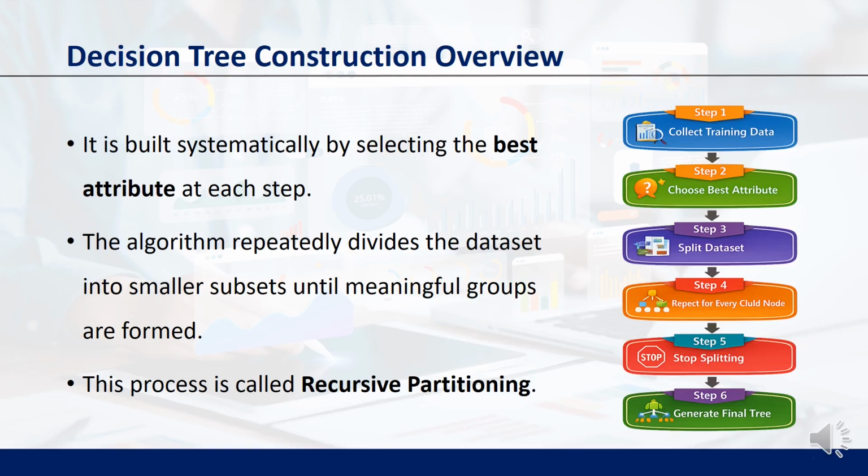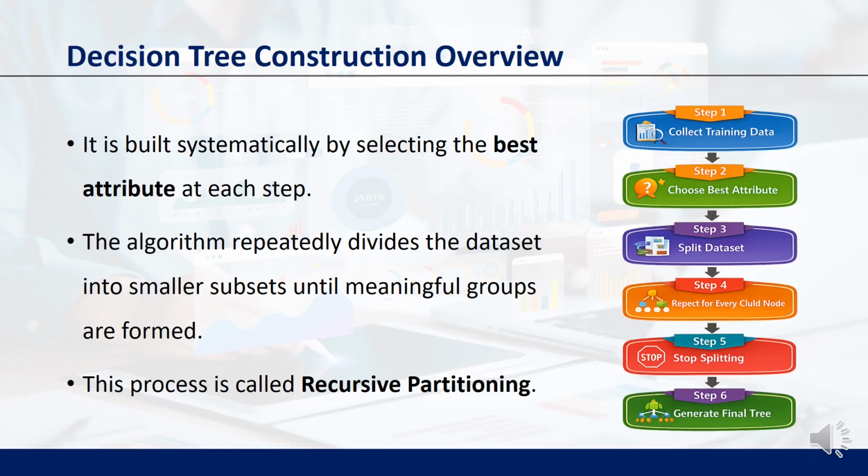The algorithm needs to determine which attribute should be used first. Should we start with income? Should we start with age? Should we start with credit score? Or should we start with employment status? The algorithm evaluates the available attributes and selects the one that provides the most useful separation of data.